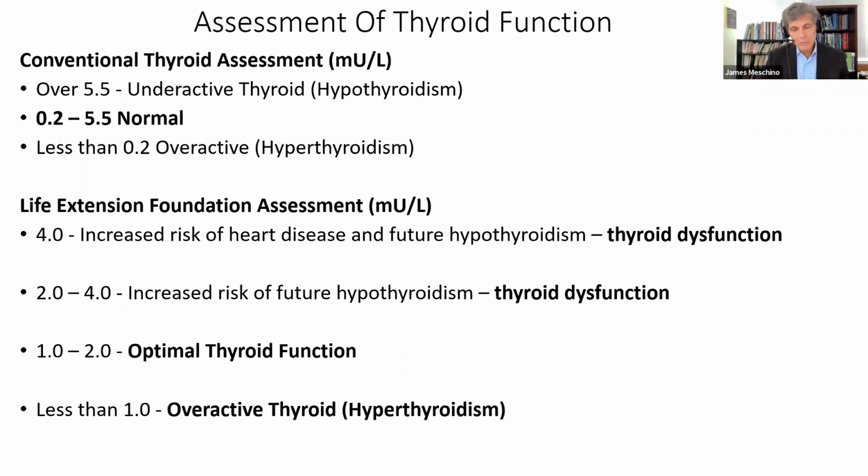But a lot of the more progressive medical doctors today are saying that range is too wide. The ideal range for the TSH is actually between 1 and 2. As soon as the person is between 2 and 4, they already have thyroid dysfunction.